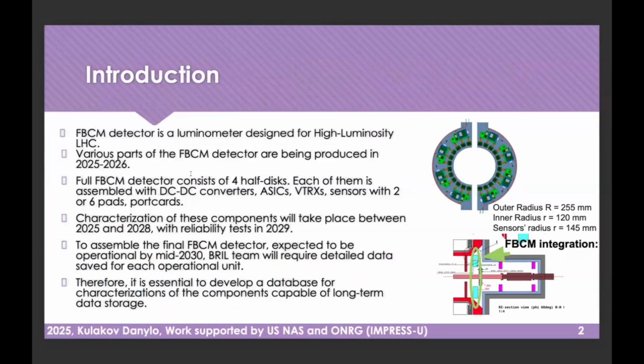So, introduction. First of all, you can see here where this detector will be. It's the beamline. This detector consists of two parts, half disks. Each half disk has different DC modules, ASICs, and detectors, and so on.